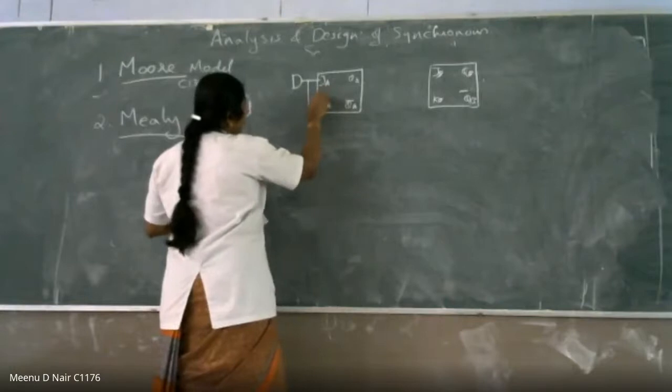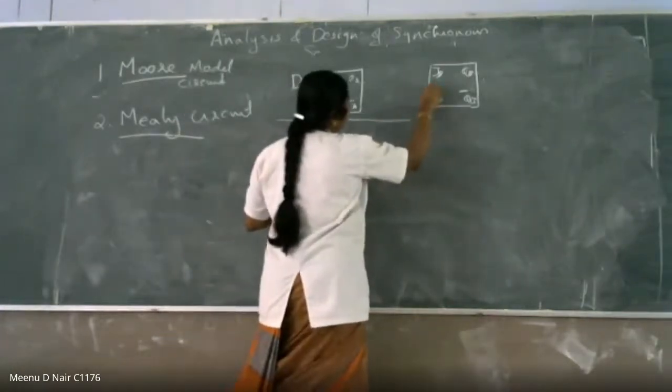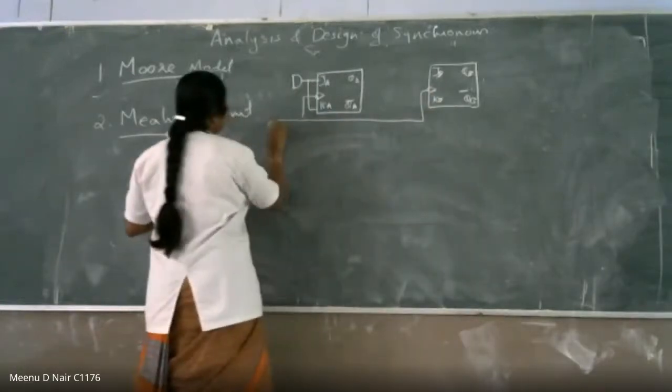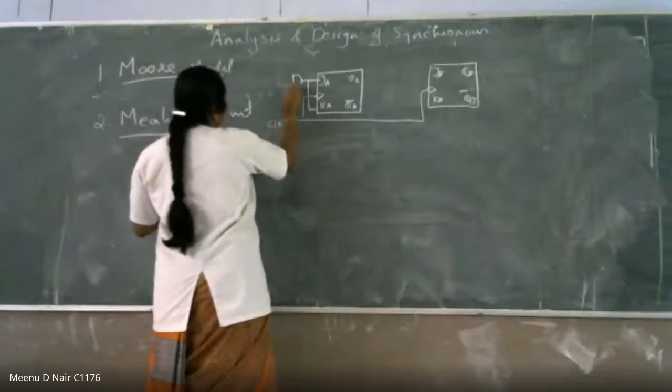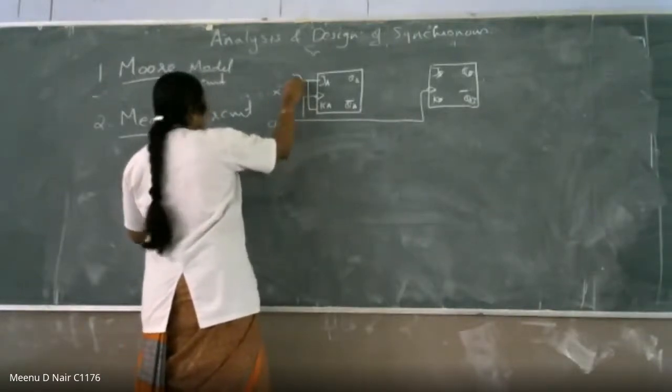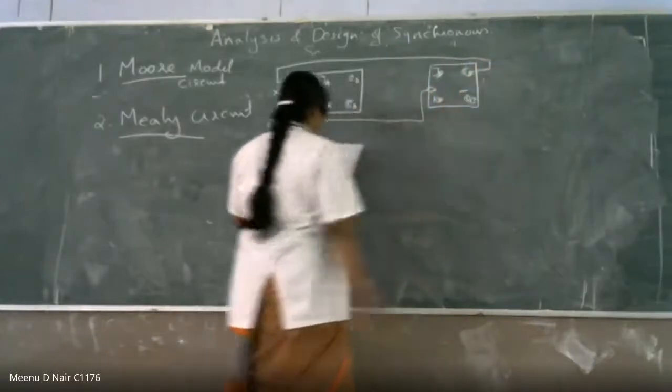This is synchronous sequential only. So we are connecting common clock pulses. This is an AND gate. It has an input as X and one more input which is connected from QB.